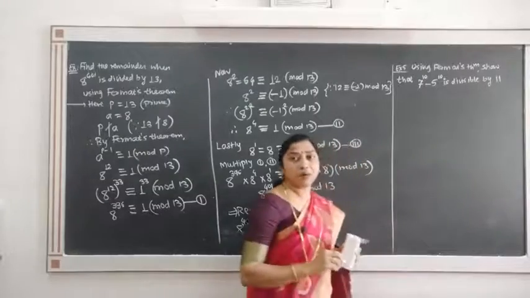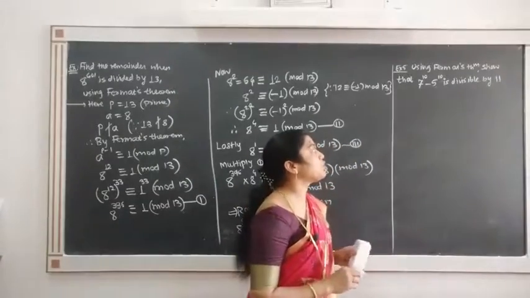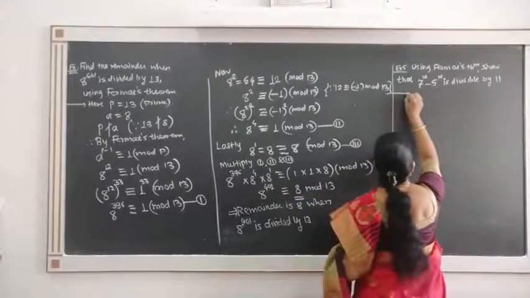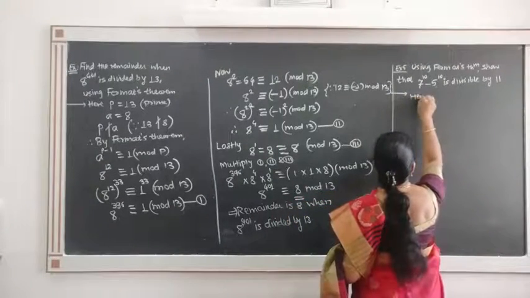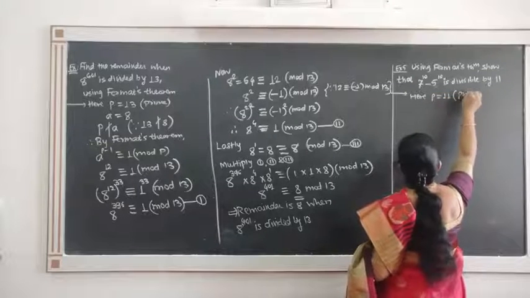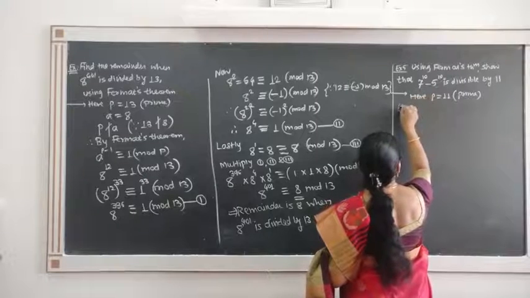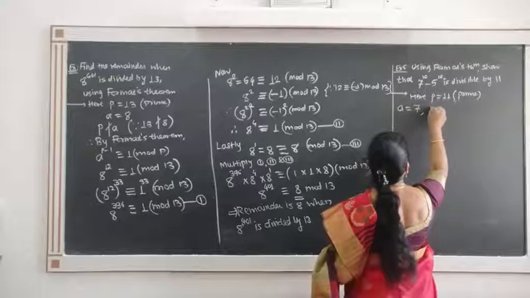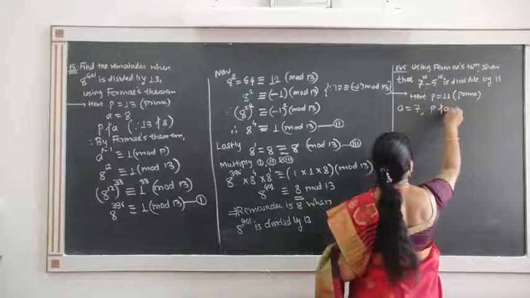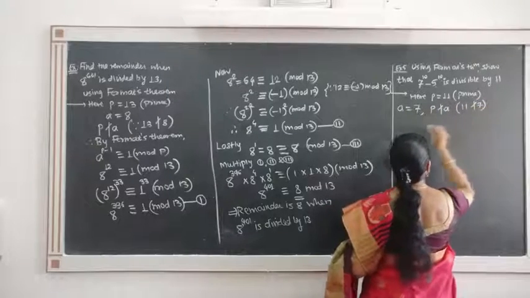We want to use Fermat's theorem to show that 7 raised to 10 minus 5 raised to 10 is divisible by 11. So we'll consider P prime to be 11. So P is equal to 11, it is prime. Observe that if you take A is equal to 7, P does not divide A. That is, 11 does not divide 7.